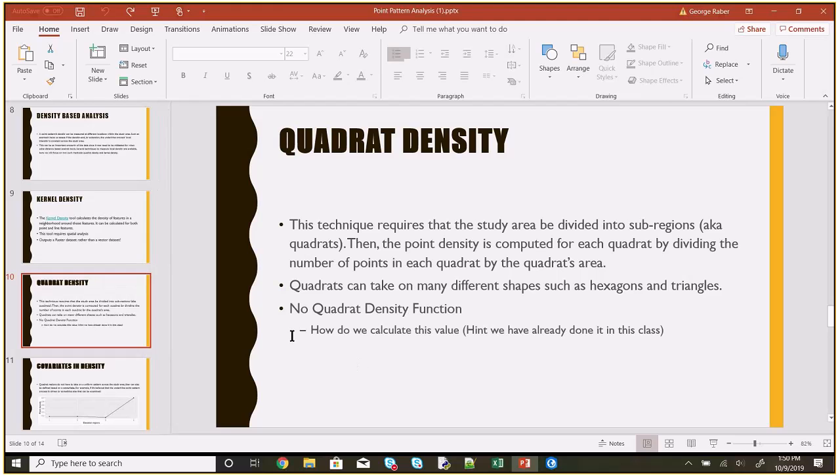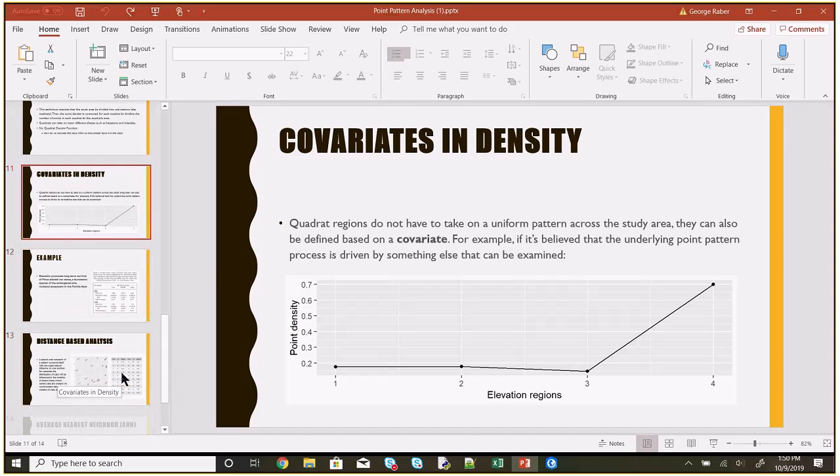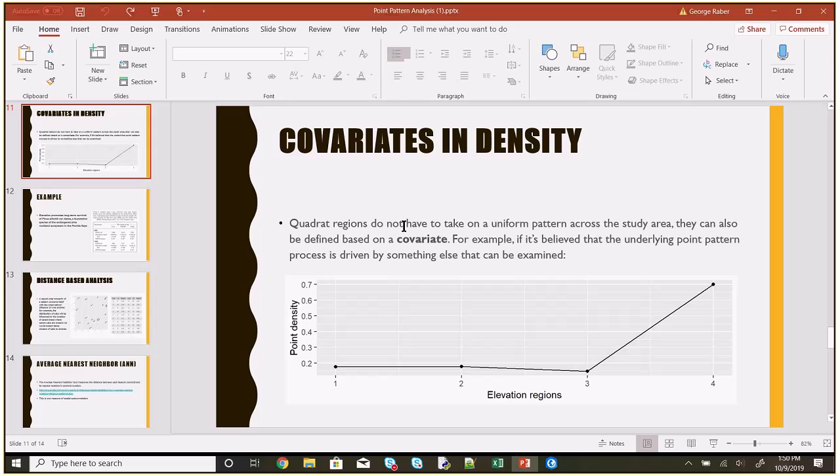All right, so when I asked how we calculate this, hint, we've already done this in class: spatial join. One of the reasons we do spatial join is to do quadrant density analysis. For example, getting back to the beginning of class, we could take different elevation regions and ask what the average width of trees is in low-lying areas versus higher areas.